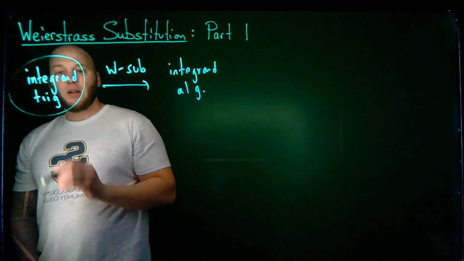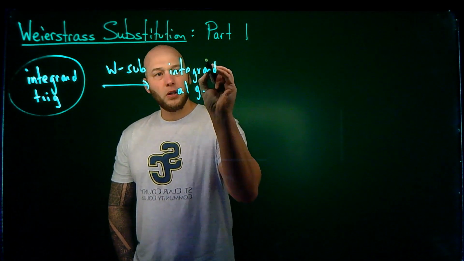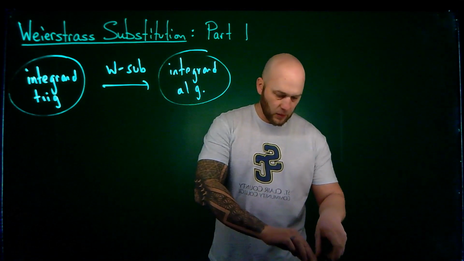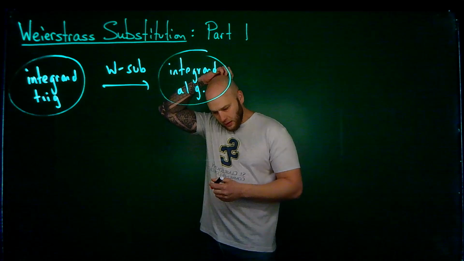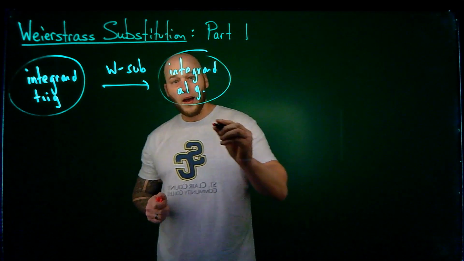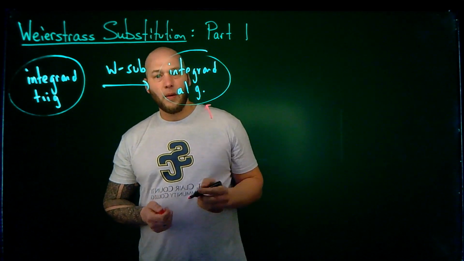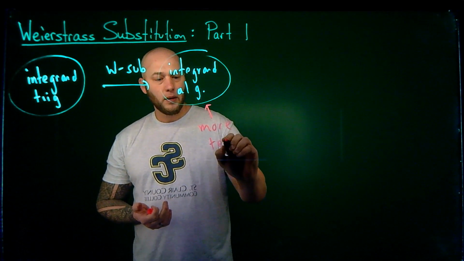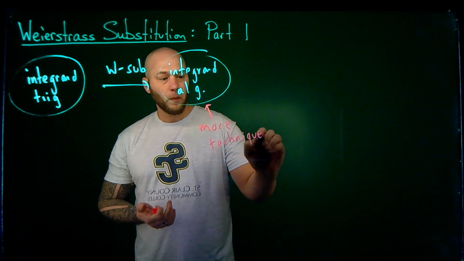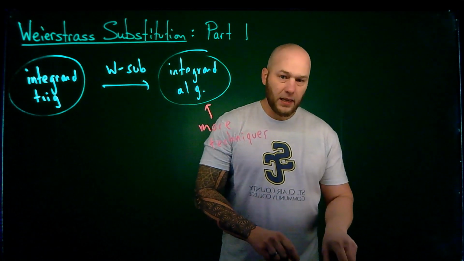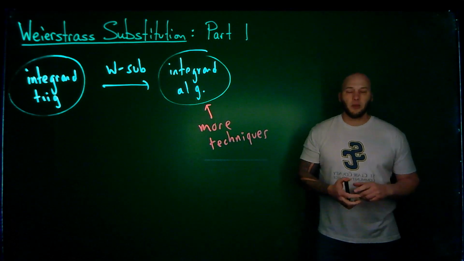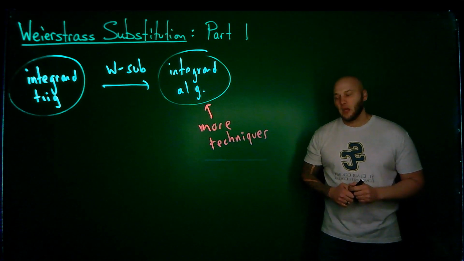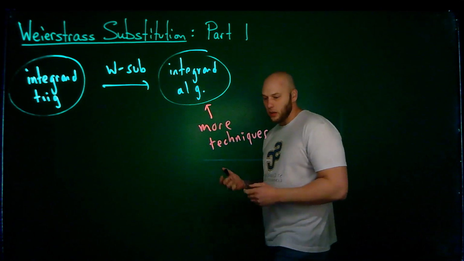So I'm going to convert an integrand with trig functions to an integrand with algebraic functions, and the idea that really makes this useful is that for an integrand with algebraic expressions, we have more techniques available. If there are more techniques, there's a good chance that we might be able to actually compute the integral, as opposed to the integral with the trig functions. So let's take a look at what this looks like.